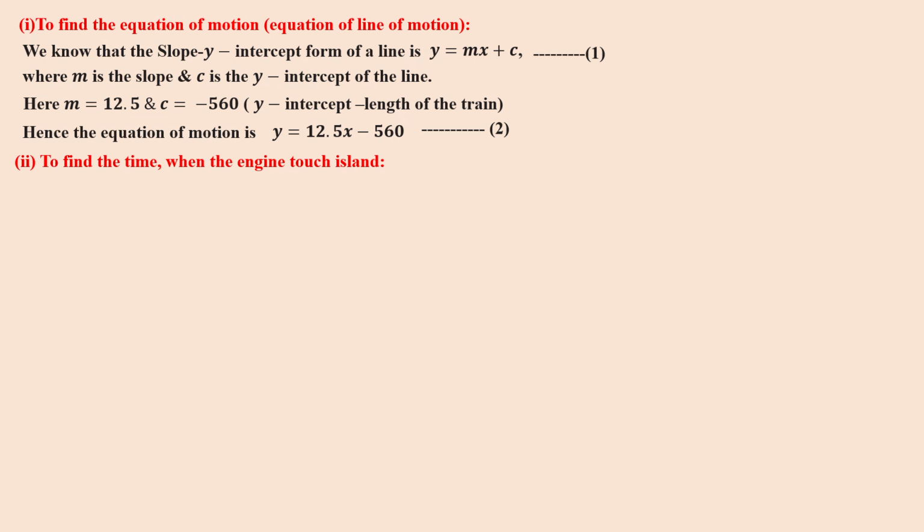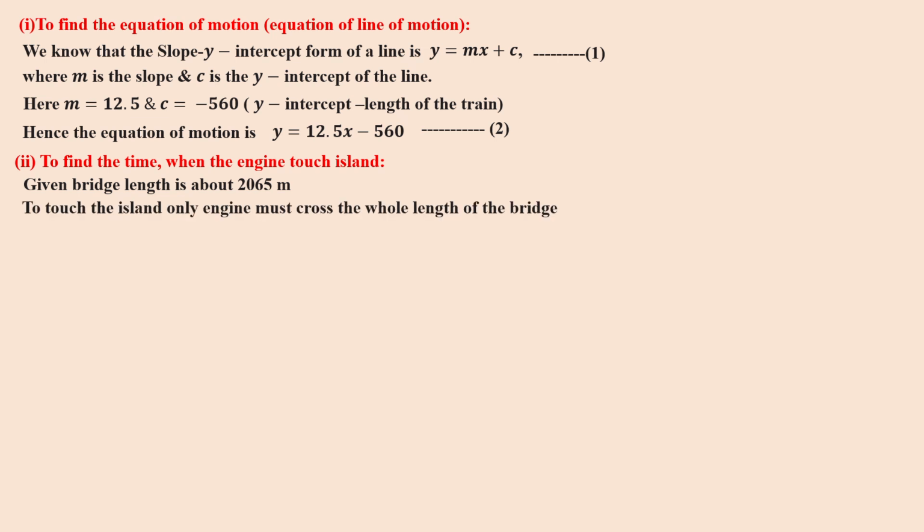We know the length of the bridge is 2065 meters, so the engine should cross 2065 meters, then only it will touch the island. It will touch the island, not cross the island.